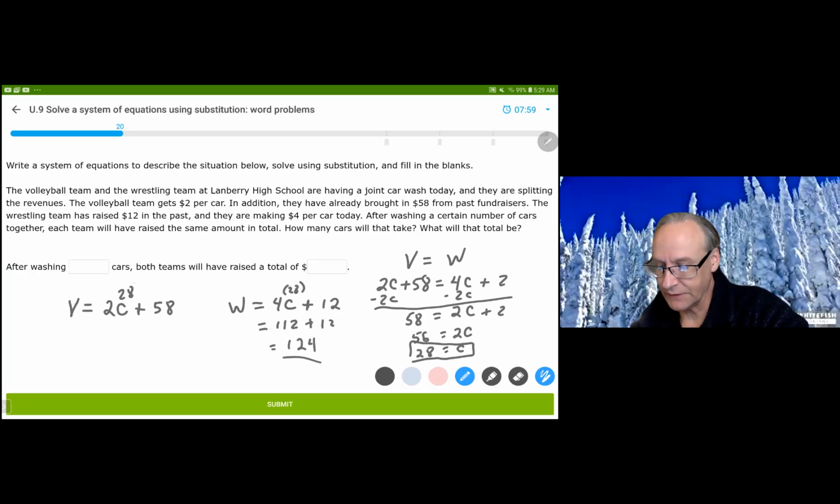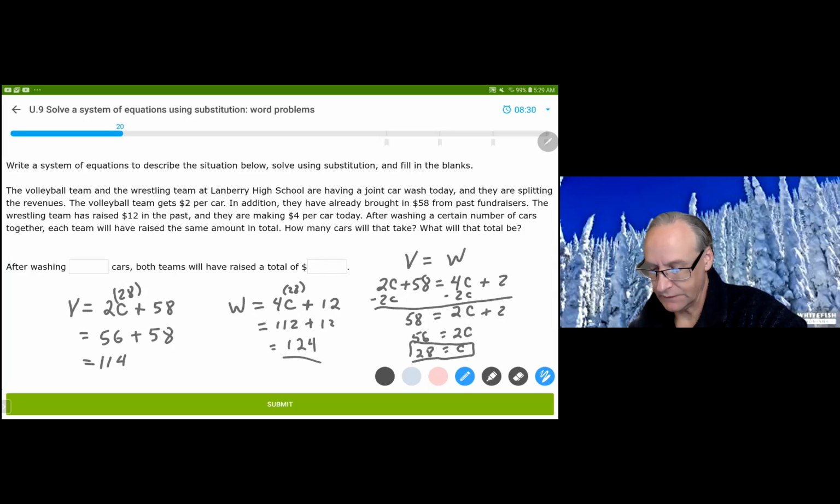So we're going to multiply the 28 times the 2, which gives us 56 plus 58, which is 114, isn't it? Uh-oh, what did I do? 4 times 8 is 32. No, that's correct. Where did I make my mistake?